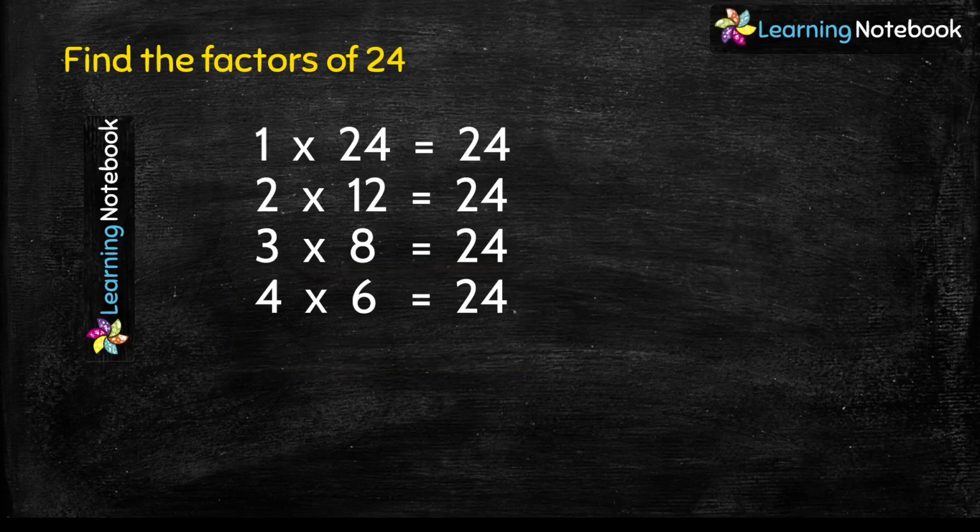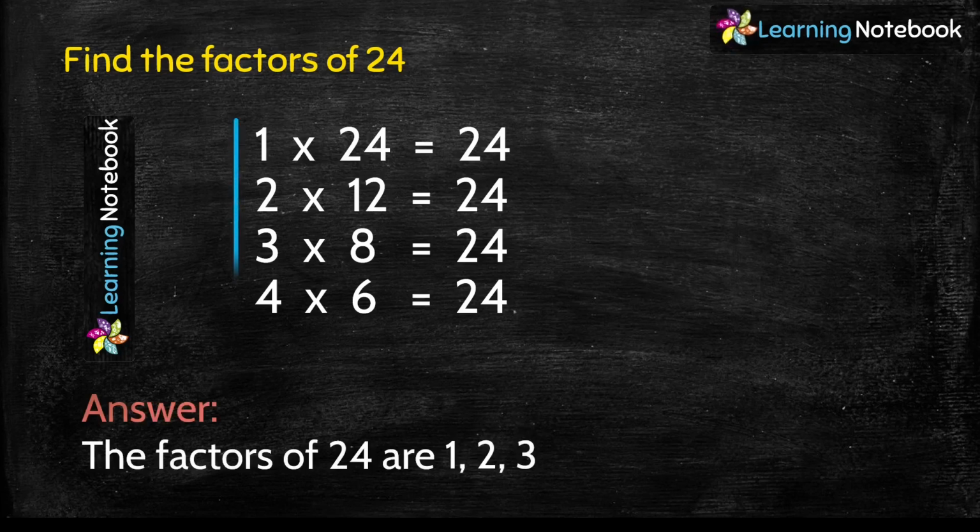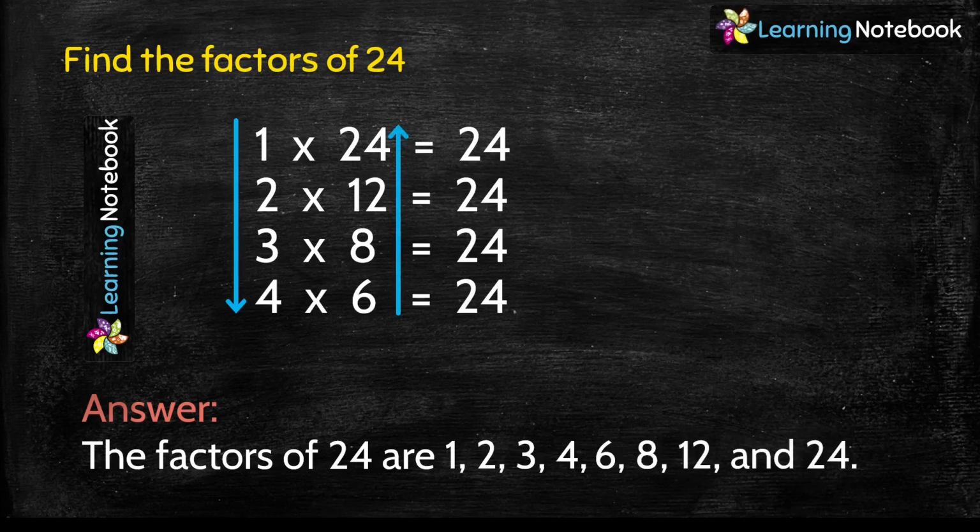Now we have found all the factors of 24. So let's start writing its factors. We will start writing from top to bottom: 1, 2, 3, 4. And now we will start writing from bottom to top: 6, 8, 12 and 24. So students, in this way, we have found the factors of 24.